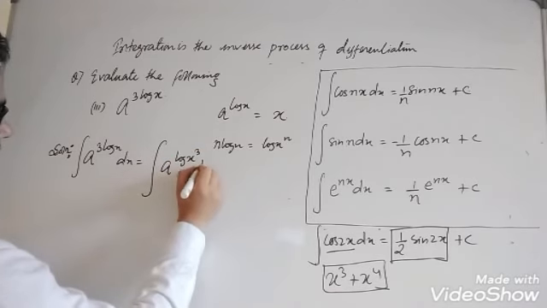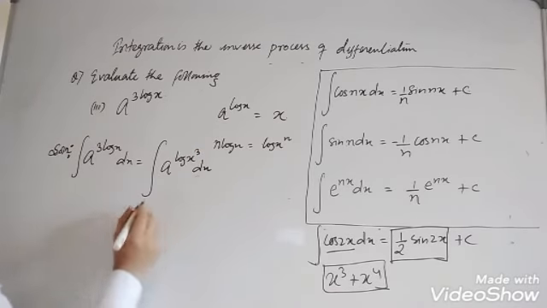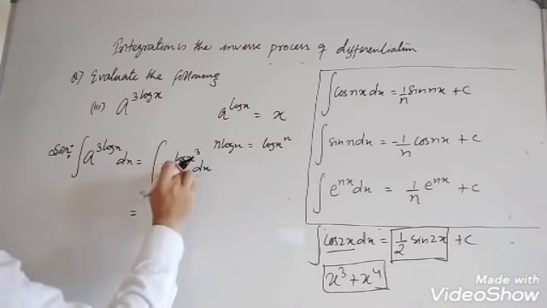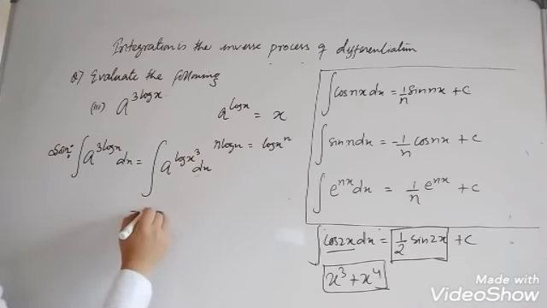Now a to the power log x is x. So this equals x cube only.